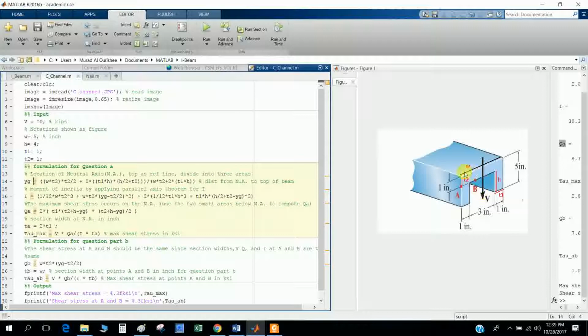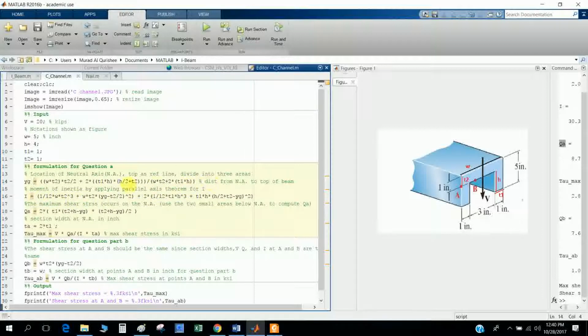So for this, w multiply t2 times t2 divided by 2, plus t1 into h, times h by 2 plus t2, and there is one flange and another flange, so multiply by 2, divided by the area, that means w multiply t2 and h multiply t1, with two flanges so multiply by 2.